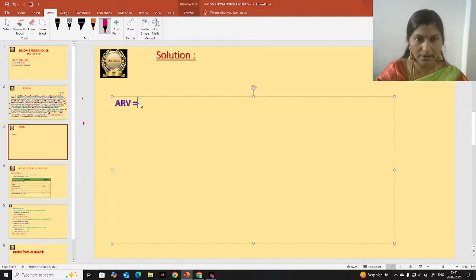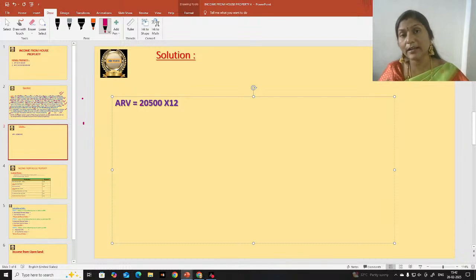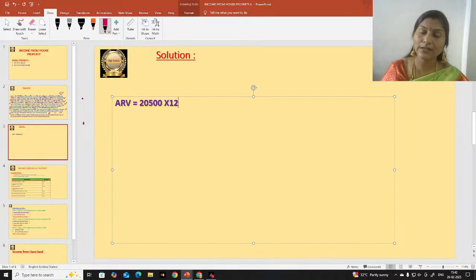Generally we take 12 months. But whenever we calculate GAV, there we will do that point clearly, and I will discuss how to deal with that and how to calculate GAV, because the house is vacant for 1 month.